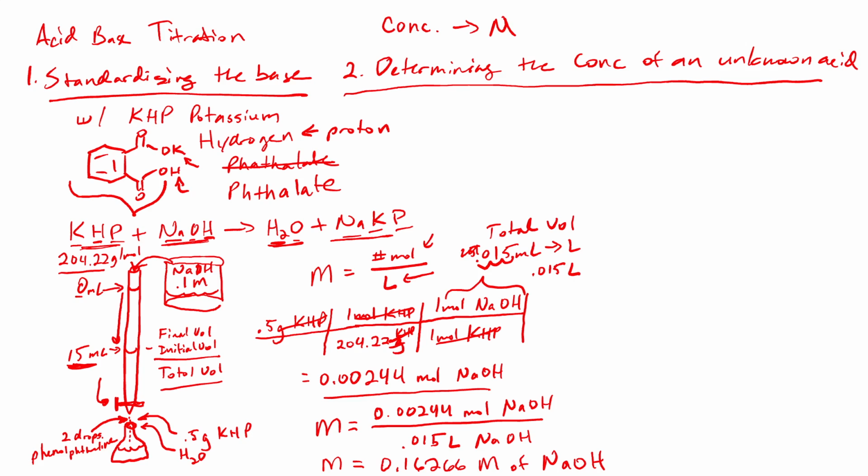And then I'll put the third part where we're doing a titration with some other compound like EDTA and copper chloride. So there'll be 3 videos, one on the standardization of the base, one on determining an unknown acid, and the third one will be on how to do a titration with something other than an acid and a base. We'll use the example of EDTA, which is ethylenediaminetetraacetic acid, and copper chloride.